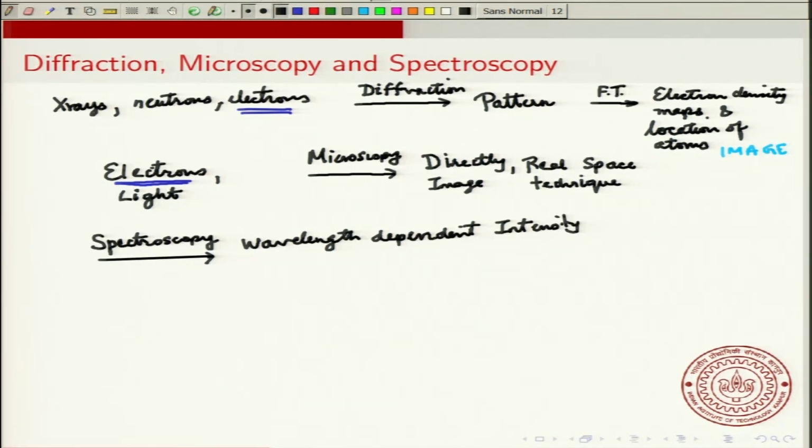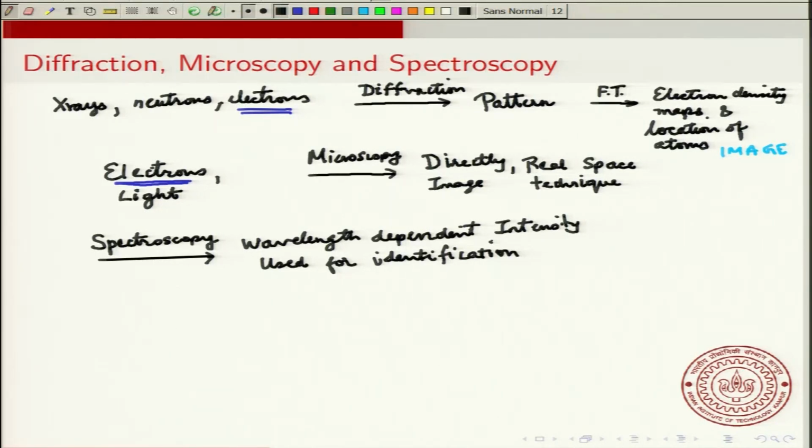This is typically used for identification. There are several spectroscopic techniques that are used in the solid state.